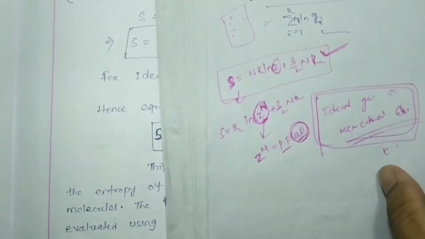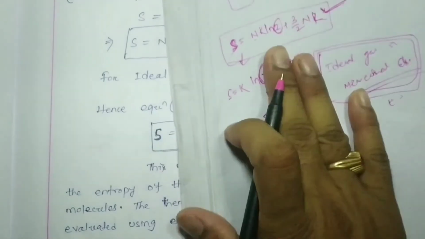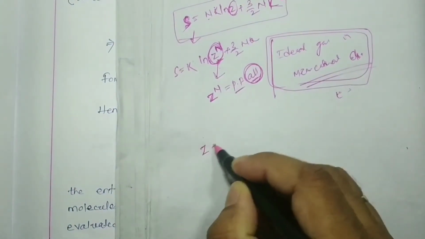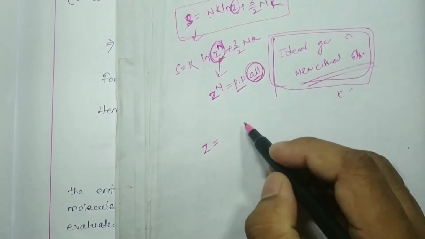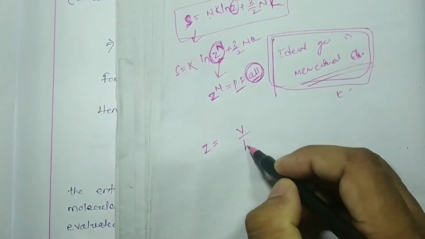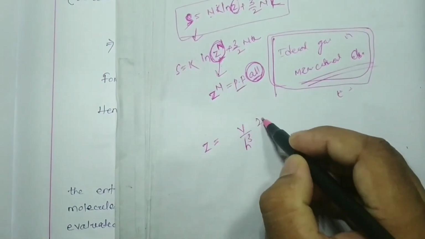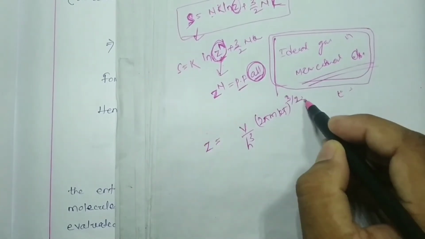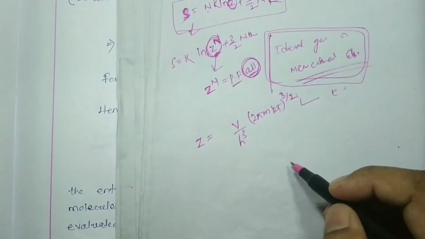Previously we found the expression of the partition function of a single molecule, z equal to V by h cube times 2 pi m kT to the power 3 by 2. This is the expression for the single molecule.